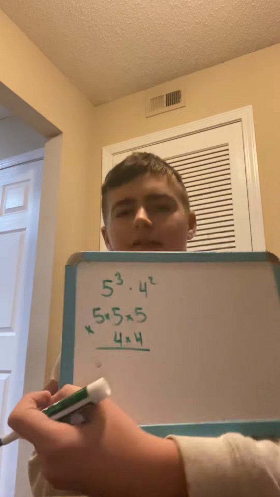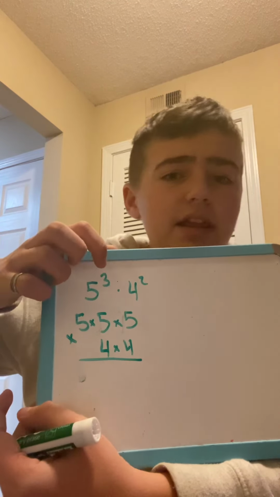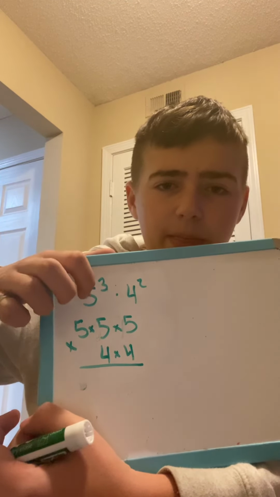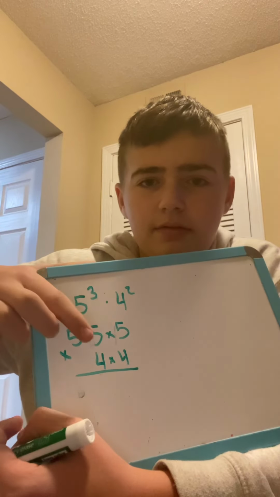Well, this is what it's going to be. 3 5s, right? And 2 4s. So 5 times 5 is 25. Times 5, well, 25 times 4 is 100. You should know this, because 25 cents is a quarter, which is a fourth. And then you add another 25, you get 125.